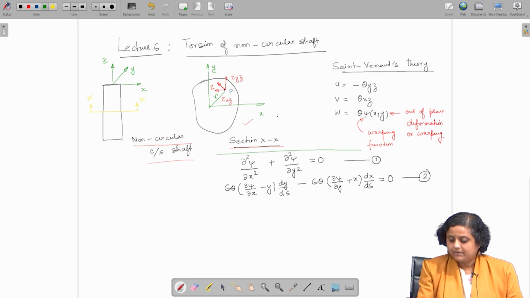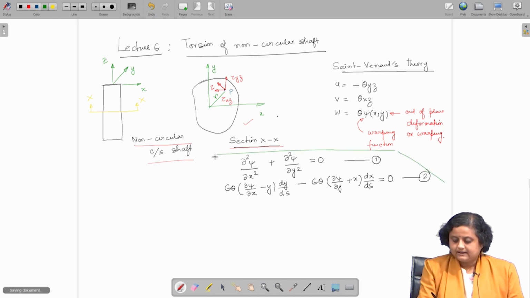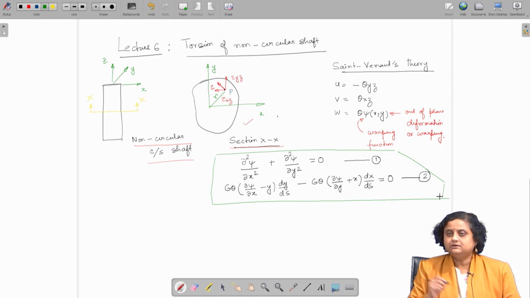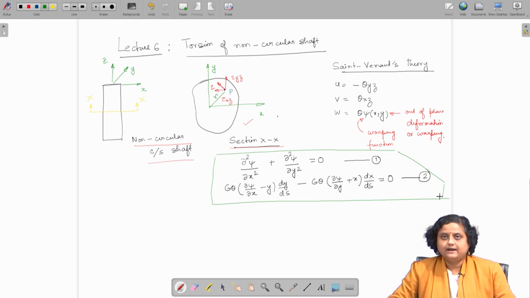So, in summary, in order to implement Saint-Venant's theory and find out the displacement field and thereby the stress and strain in a non-circular cross section shaft, we need to find a warping function psi which is going to satisfy criteria 1 and 2.